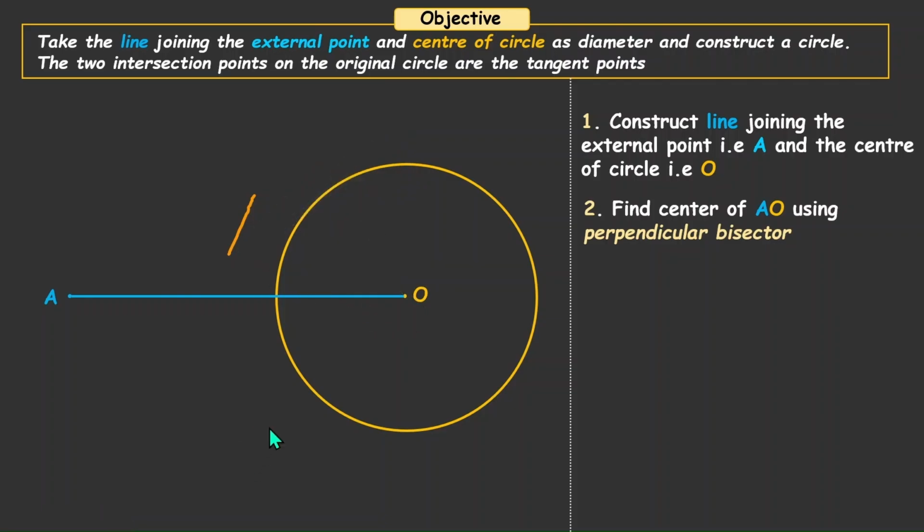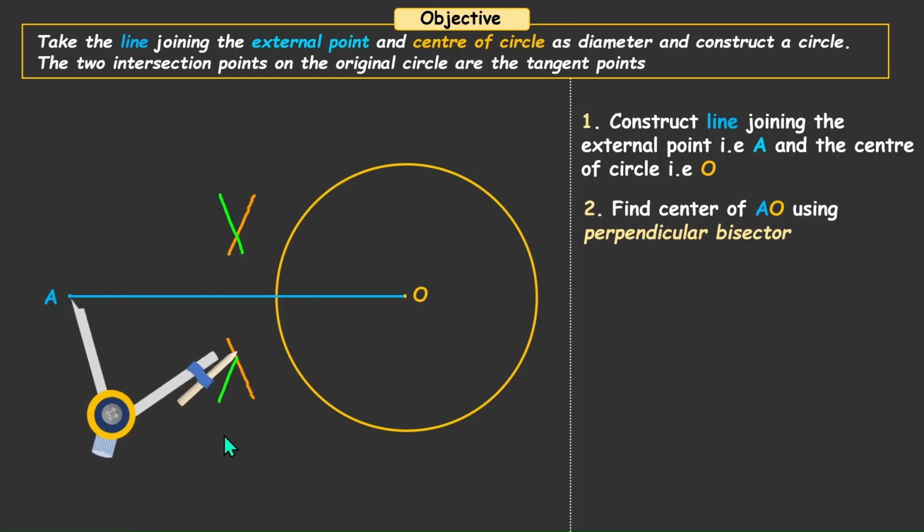With the same distance kept on the compass, we'll also cut an arc on the opposite end, like this. And we'll do the same exercise on the other endpoint. Again, we'll take our compass, fix it at a length slightly more than half of the diameter AO, and make an arc.